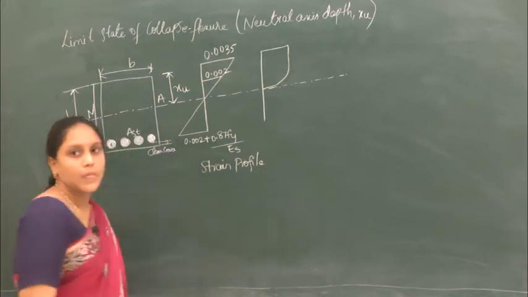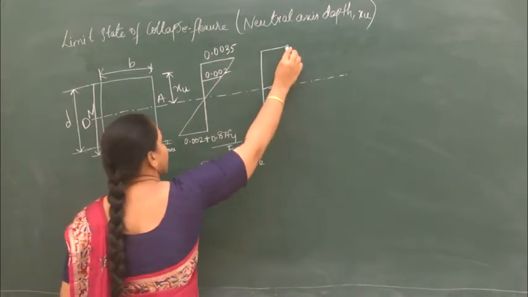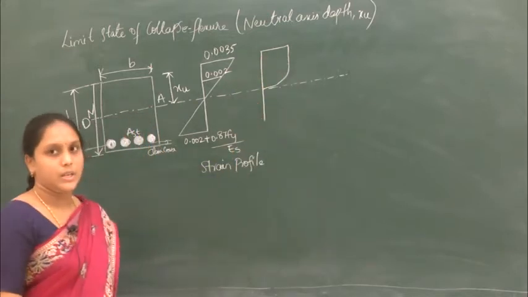So up to 0.002 it is parabolic, and from here it is linear.